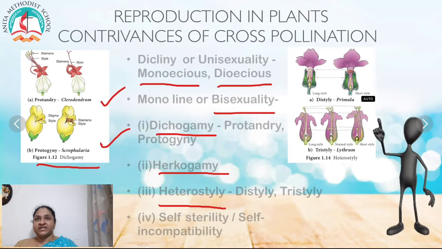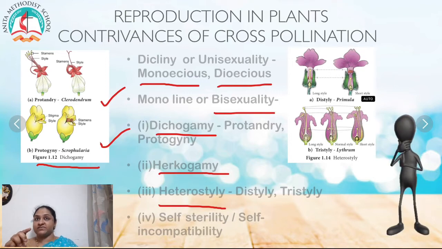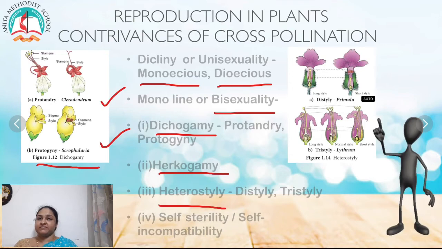Then we learn about heterostyly. In heterostyly, some plants produce 2 or 3 different forms of flowers that differ in the length of the stamens and the style. Pollination will take place only between organs of the same length.